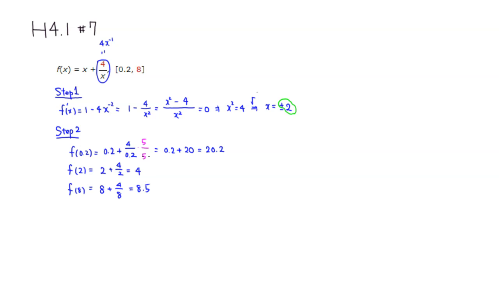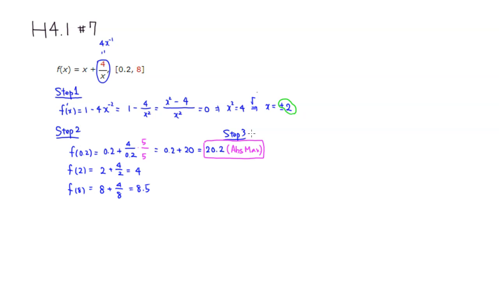So we know that our largest value is going to be... this is going to be step 3. Maybe I should write that. Step 3 would be you pick the largest value for absolute maximum. You can see here this is the largest, so this is going to be our absolute maximum.